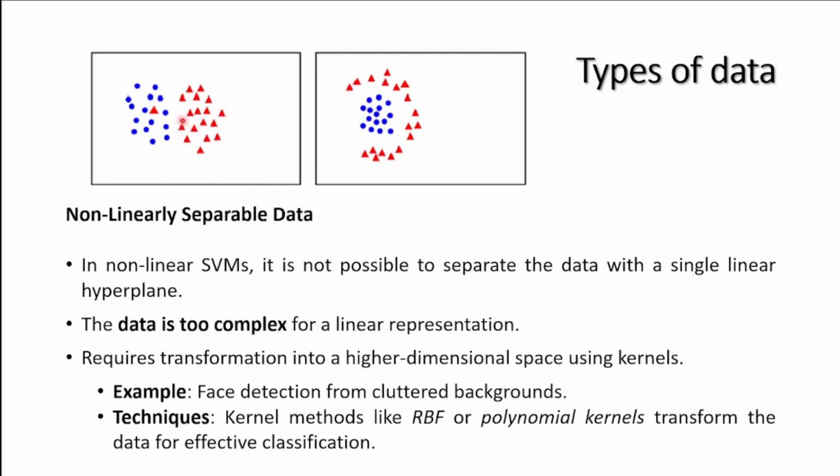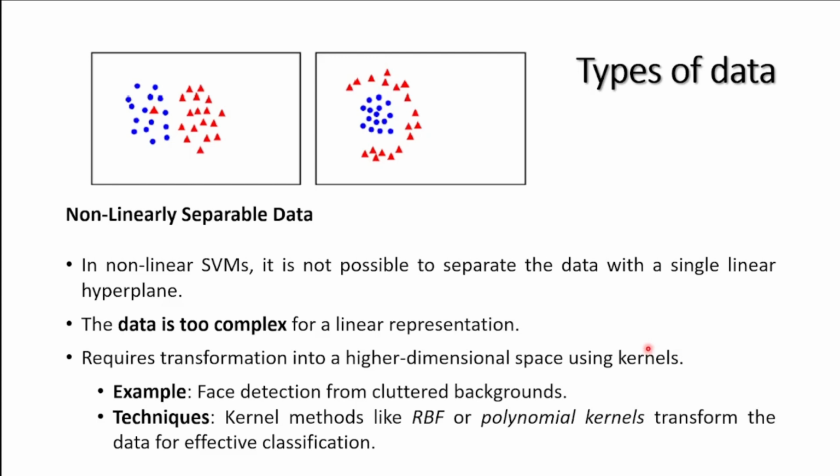On the other hand, we need one particular technique in order to separate the data carefully, to make a good classification for non-linearly separable data. The data is still too complex for a linear representation. So in the sense of linear discussion, it requires a transformation, and this is a keyword right here, guys, into a higher dimensional space using a kernel. We will discuss kernels later on.